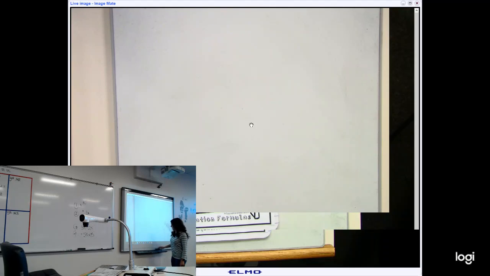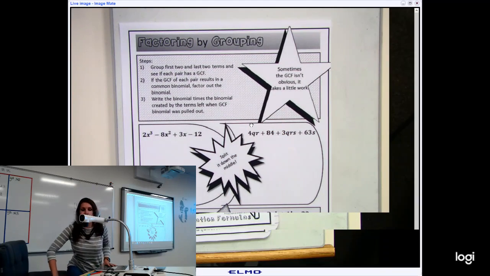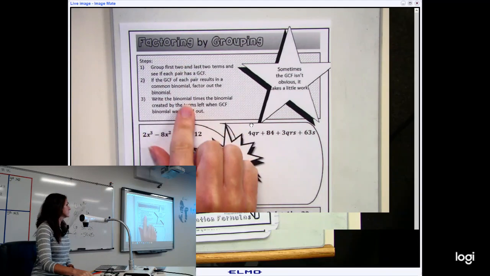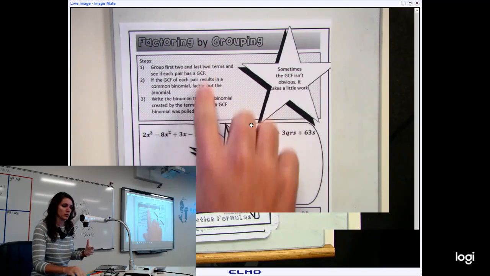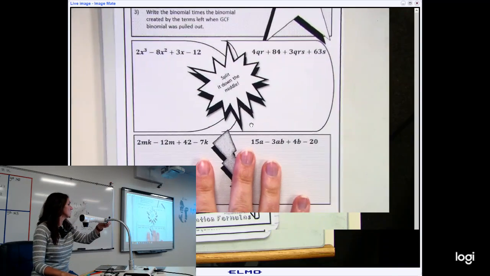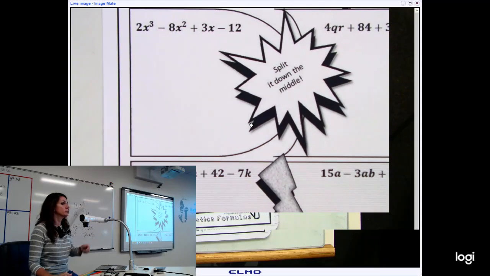And now, let's look at our journal page. Factoring by grouping. I'm not going to read this to you yet because we haven't done any examples, but we'll look at it soon. All right, we'll be looking at that top left one. Factor it. Is there a greatest common factor?